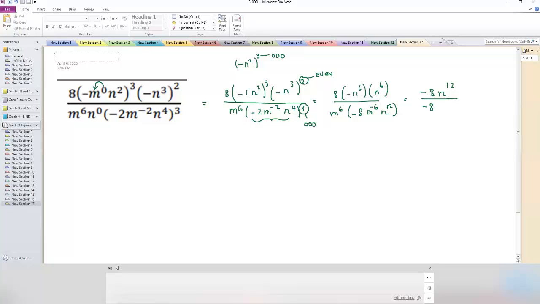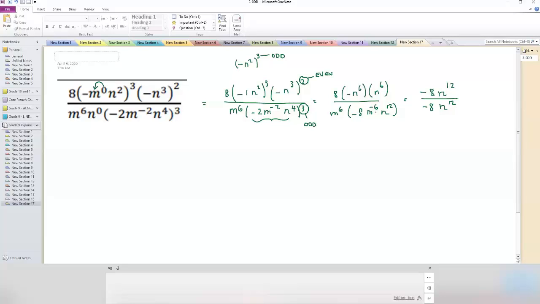After that, the n to the power of 12, I have to leave it as it is because there is no effect on anything. So now I multiply everything, especially in the denominator, make sure that the negative 8, we took it out. And after that, when we multiplied m to the power of 6 times m to the power of negative 6, it becomes m to the power of 0.